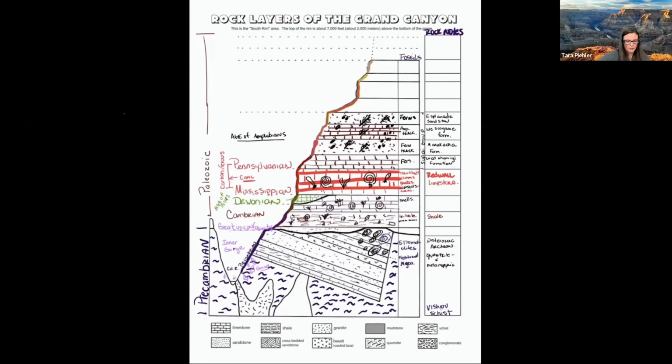I'll talk while you guys are doing that. So it's mainly limestone. Who remembers what limestone is made of? Calcium carbonate.